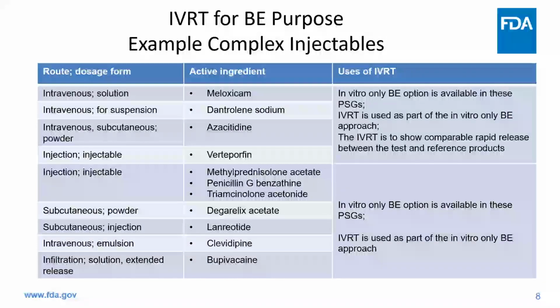I also have examples about some of the injectable suspensions like penicillin G benzathine, triamcinolone acetonide, as well as some other in situ forming products, as well as intravenous emulsions. For those products, the product specific guidance has an in vitro only BE approach available, and IVRT is used as a part of the in vitro options.